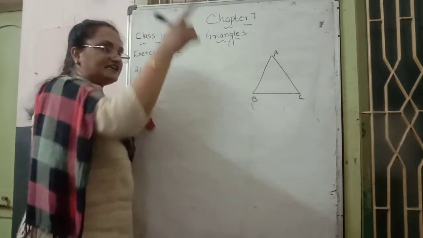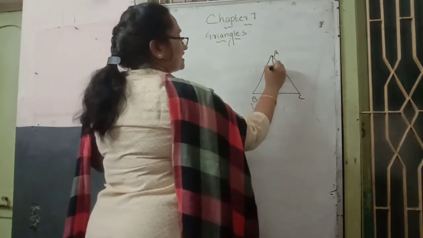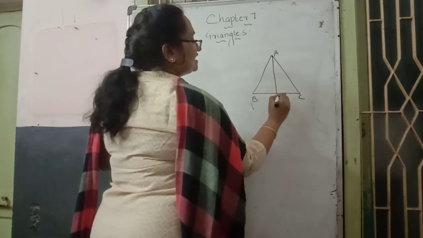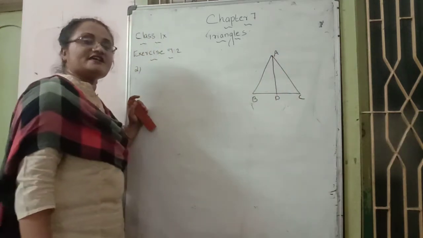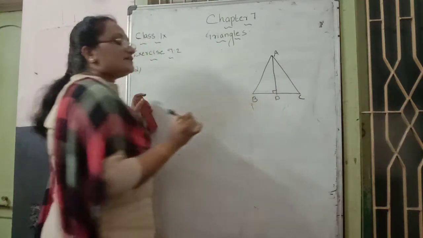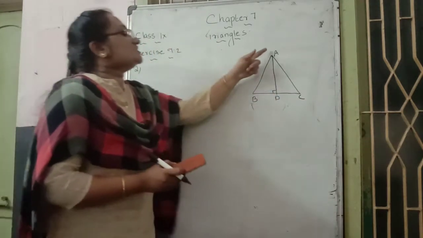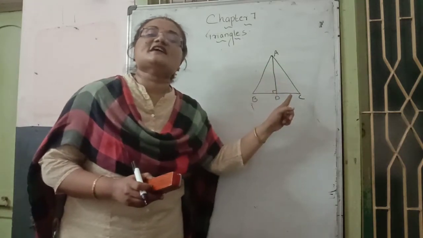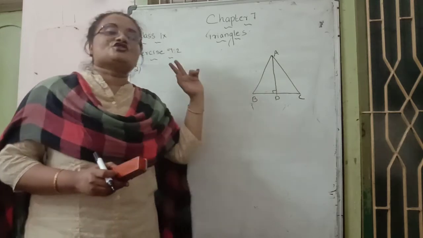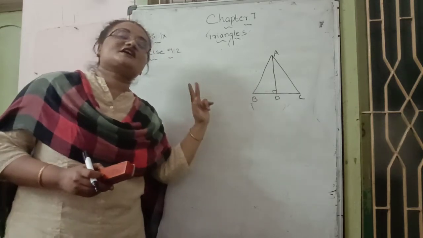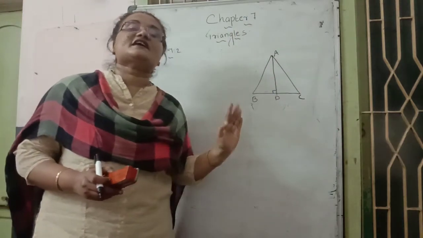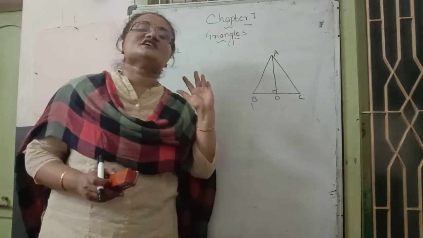Then AD is the perpendicular bisector, so we can draw from A to side BC one perpendicular AD. Perpendicular means it makes how many degrees? 90 degrees. What we want to prove is that this triangle ABC is an isosceles triangle. In an isosceles triangle, any two sides become equal. Which sides become equal? We want to prove that sides AB and AC are equal. That is the meaning of the second question.